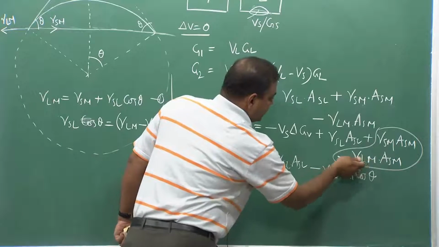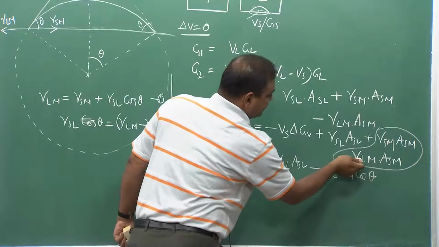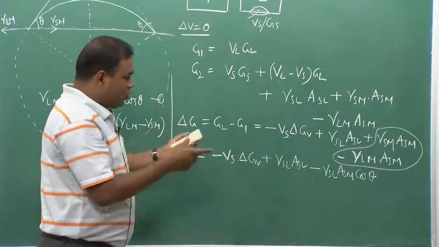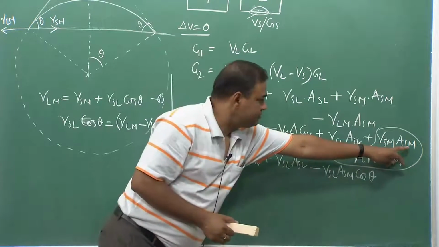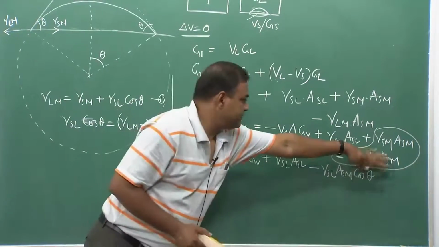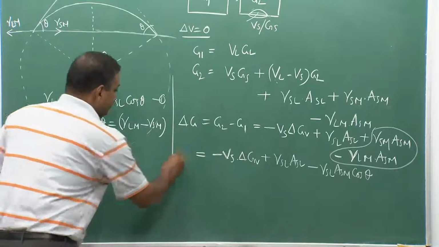Because if you take the minus out, the gamma Lm minus gamma Sm, whole bracket, would be the common factor. So, it will come like this. If you do this little calculation, you will get this. So, this is my final expression.